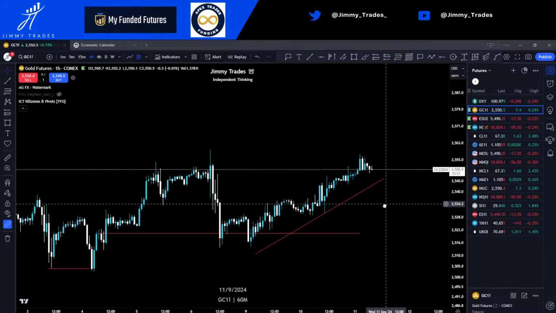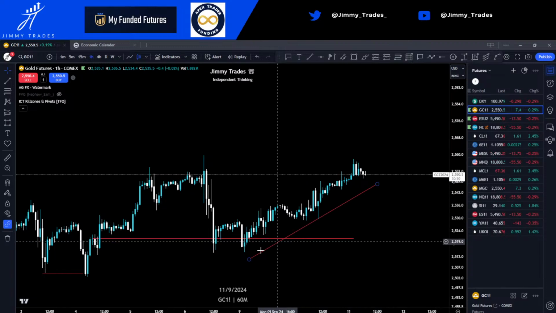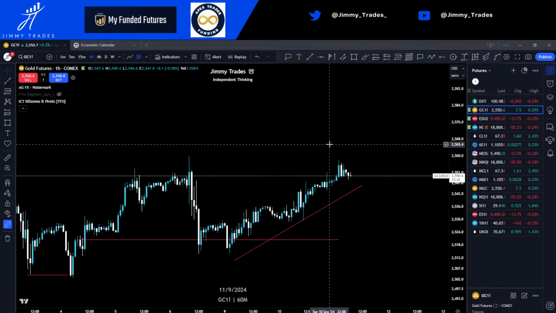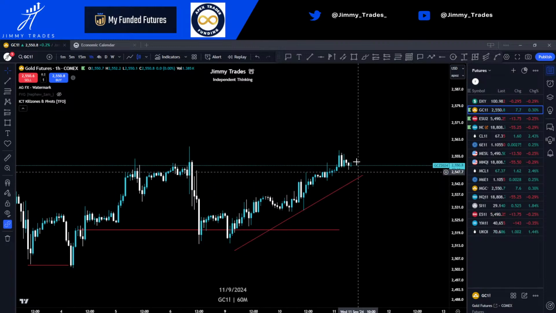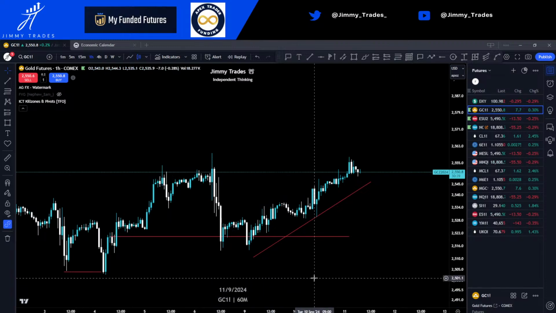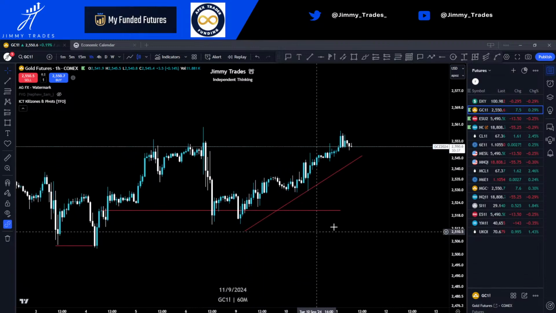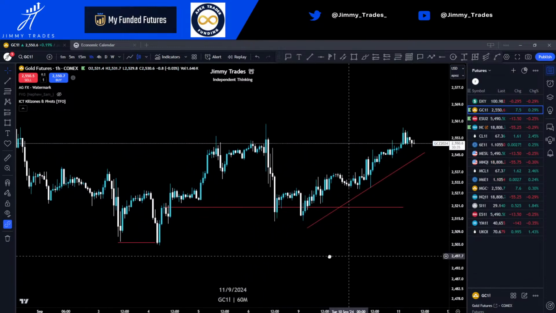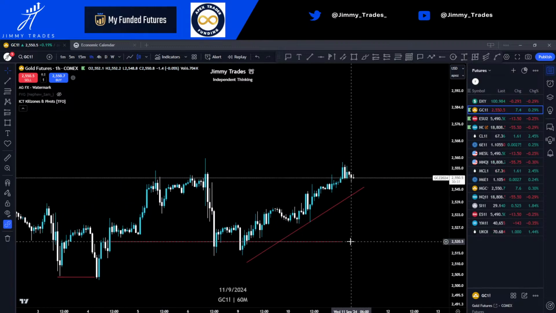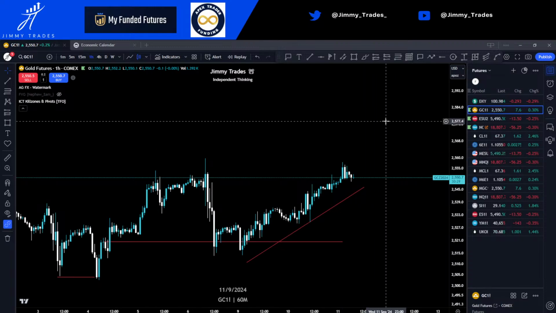It is grinding up slowly here, but it's also creating a lot of low resistance liquidity. So once we reach the highs, will we come back down and take all this out? We will see what happens, but overall still bullish on gold.